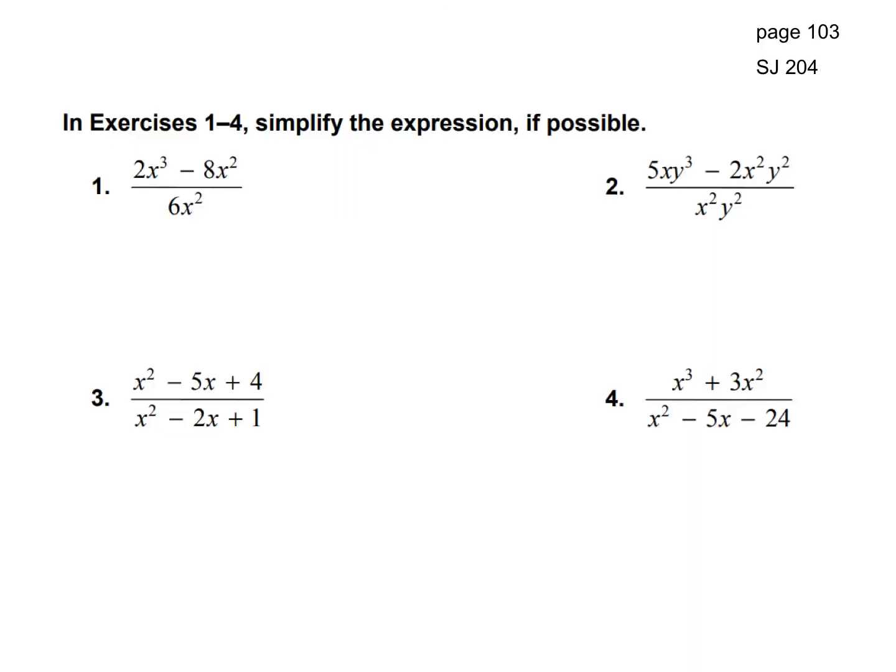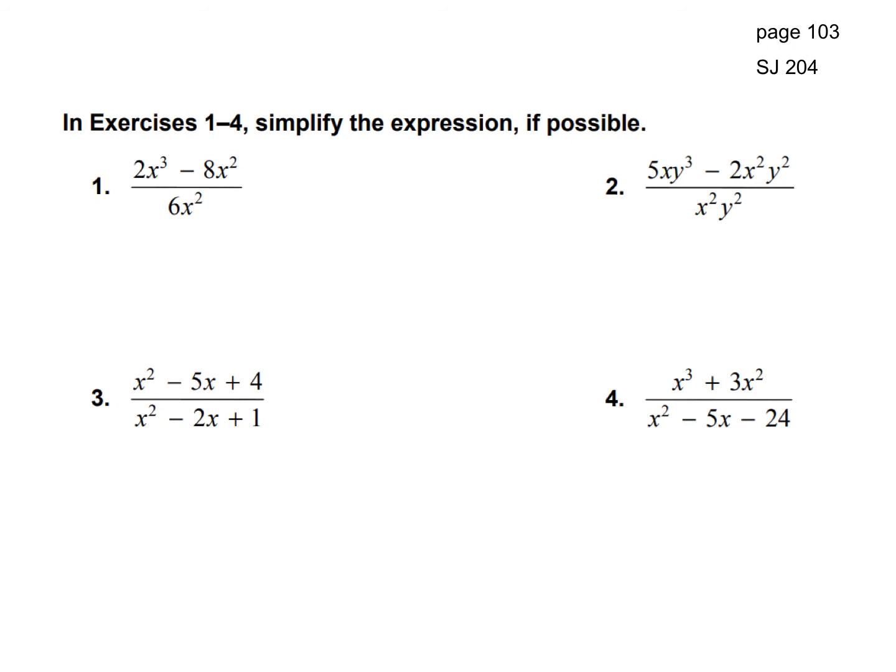Now we're going to simplify. If you notice, in number 1, the numerator has a binomial and the denominator has a monomial. Same thing for number 2. Number 3, I have 2 trinomials, and number 4, I have a binomial and a trinomial.